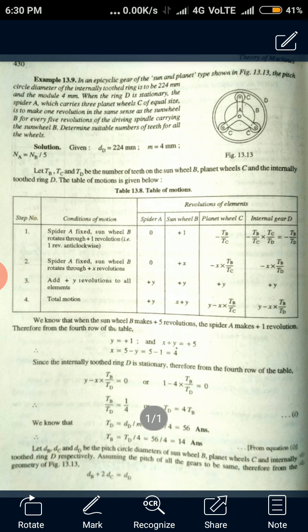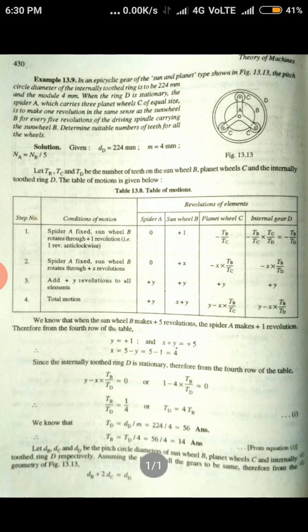Next we need to find the number of teeth on C. How can we determine that? We can determine it using the geometry, the radius relation. From the geometry, RD equal to RB plus 2 times RC. See the sketch carefully: RD equal to RB plus 2 times RC.